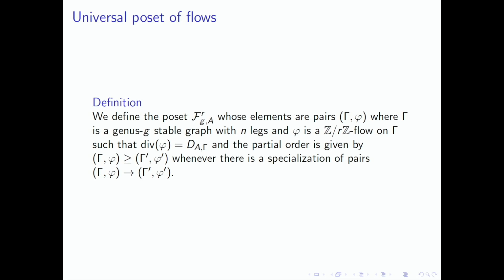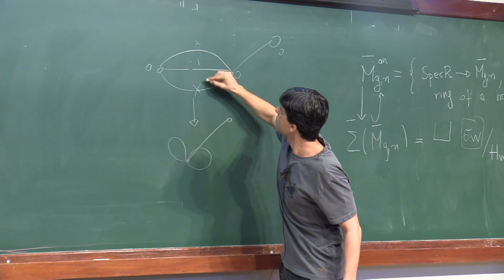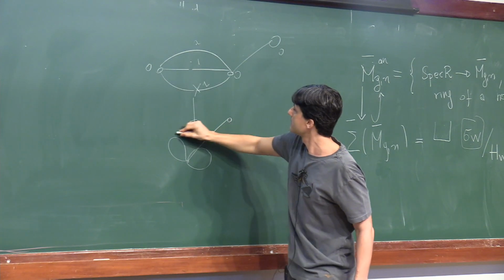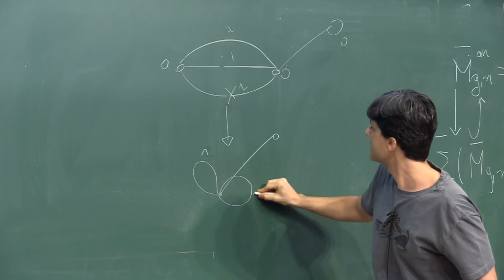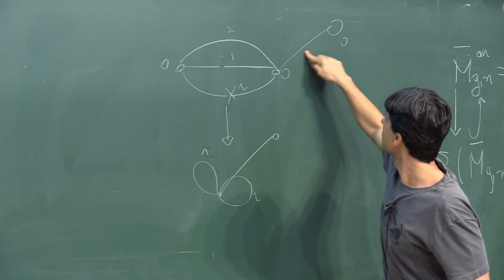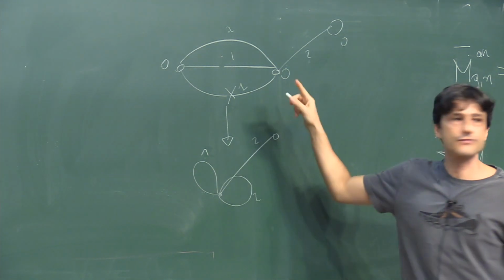I mean, I can consider also specializations of these pairs in a very natural way. What is the specialization of the flow? Yeah, I mean, if I have a flow here, 2, 1, and 1, just forget the edge that is contracted. Okay? Just forget the edge.